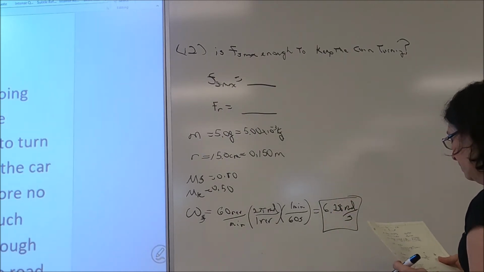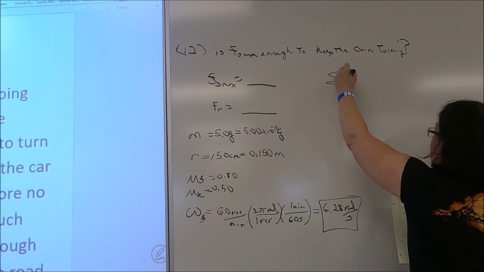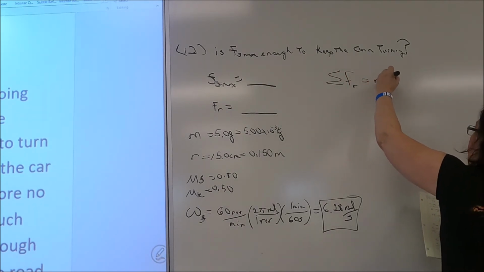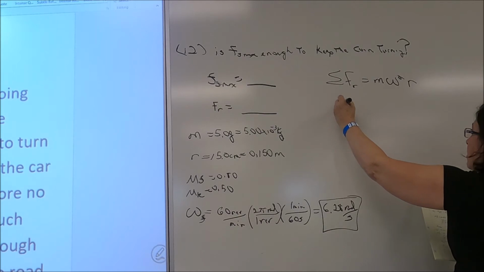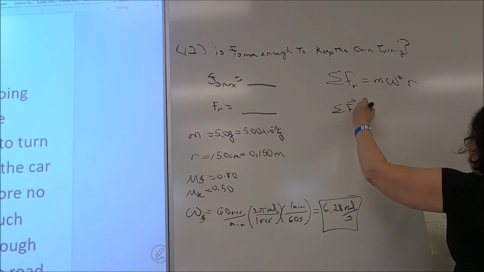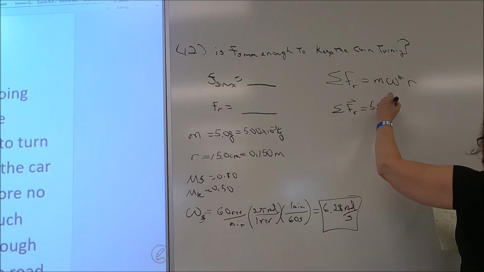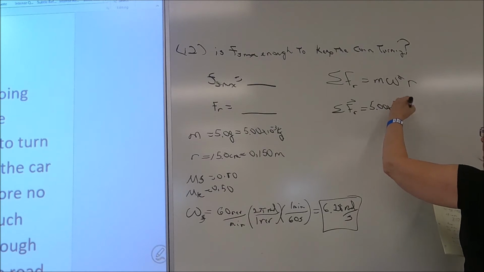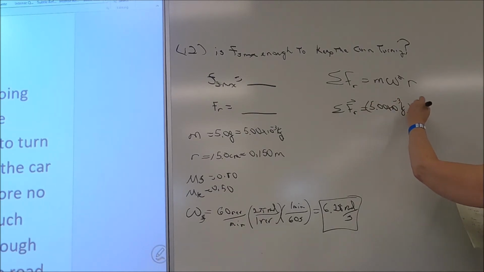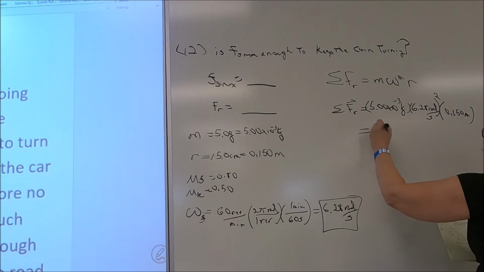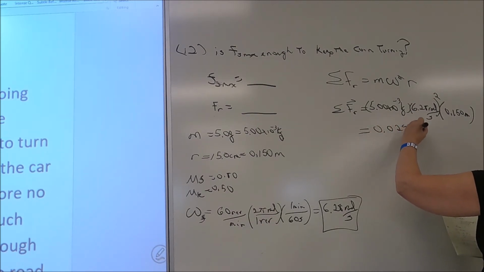Okay? Now, if I do the sum of the forces radially, that has to equal m omega squared r. So the sum of the forces radially has to be equal to 5.00 times 10 to the minus 3 kilograms times 6.28 radians per second, square all that, times 0.150 meters, and I get a force of 0.0296 newtons.